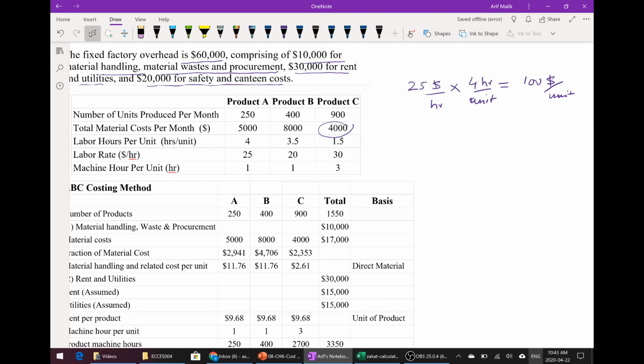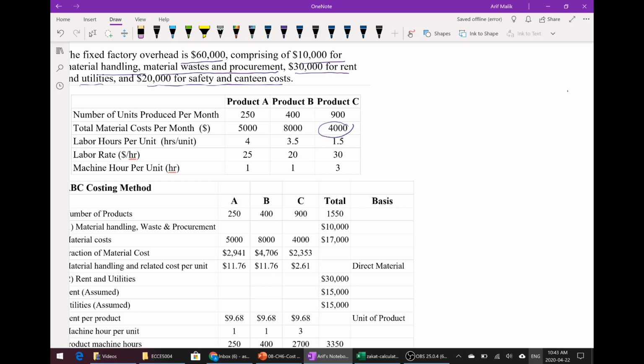Similarly, for product B we can find, and product C we can find. So direct labor and direct material costs are easy to trace. However, our objective is to use activity based costing to find the overhead costs and allocate them properly to the products.